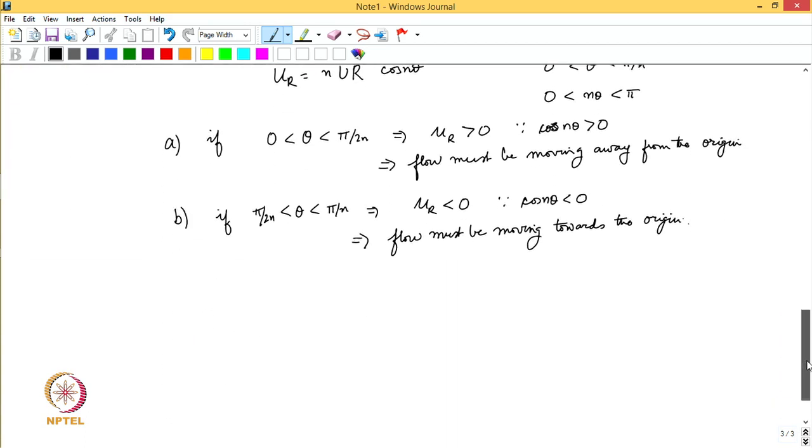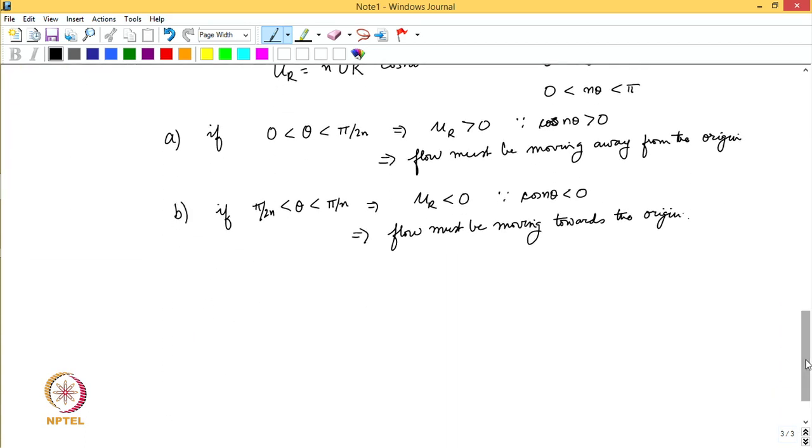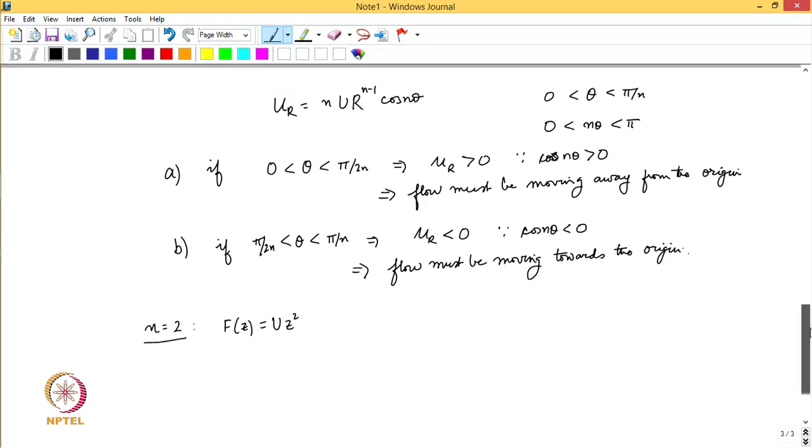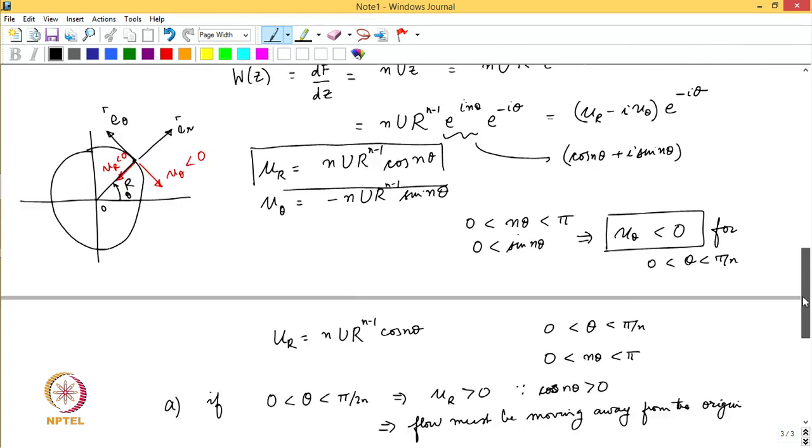Now, the application of this, or if I can take two special cases of this scenario, let us do what happens if n is 2. N equal to 2 would mean that we have a potential which is u z square, and the sector which confines the flow is of angle pi by 2.